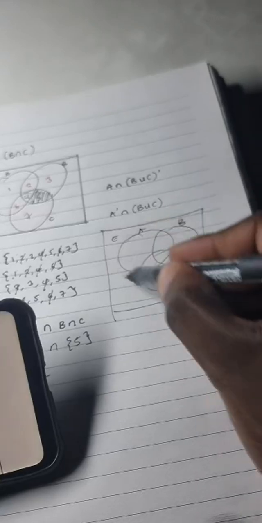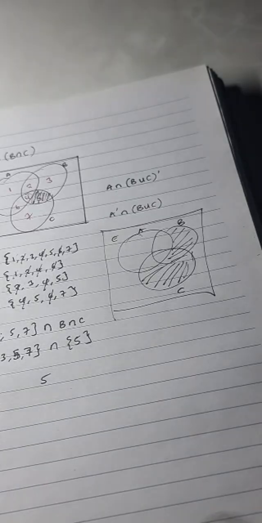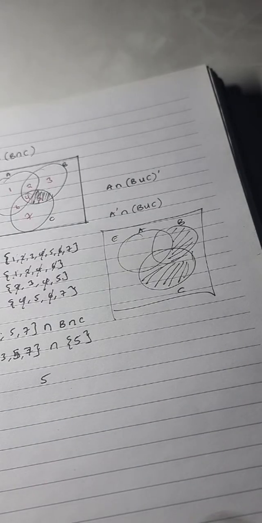A, B, C. Since A is out, we shade E. And since it's union, we say together. Okay, it's opposite.